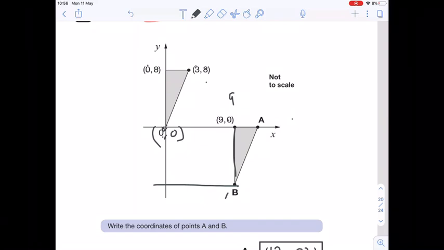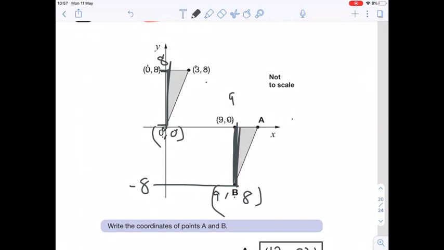So we need to know how long is the triangle. Well, this triangle goes from 0 to 8. It goes from 0 here up to 8. So it's 8 long. So this one's going to be 8 long as well. And it starts on 0, but it goes downwards. It's not going up, it's going down. So we should know that that's -8. So this one should be -8.